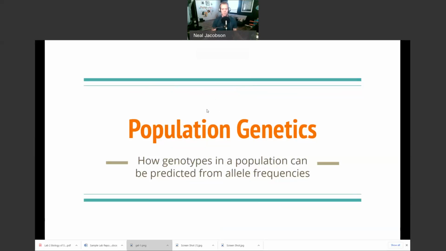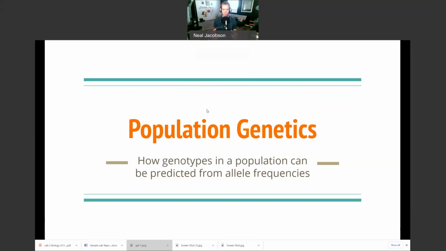So, all right. We're going to start with population genetics today. Population genetics is simply a way of creating predictions from a set of data. The set of data that we're using is allele frequencies. If you think about what an allele is, it's a variation of a gene, one of the variants of a gene.